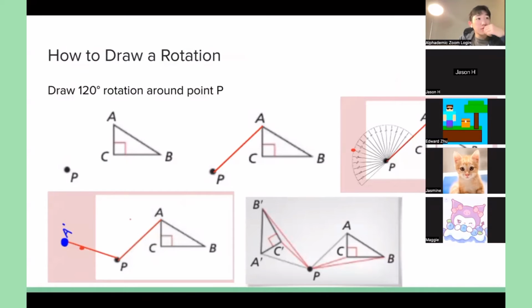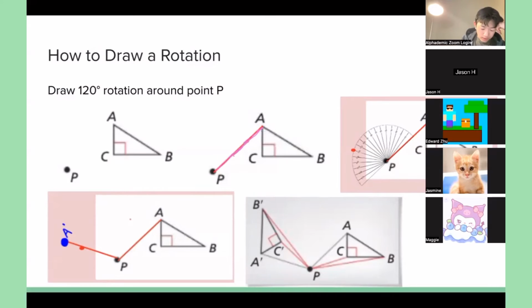Next up, getting into a bit of the technical parts, how to draw a rotation. So for example, if we want to draw a 120-degree rotation around point P, we would first want to draw a straight line using a ruler from point A to point P, or it can be any of the points.